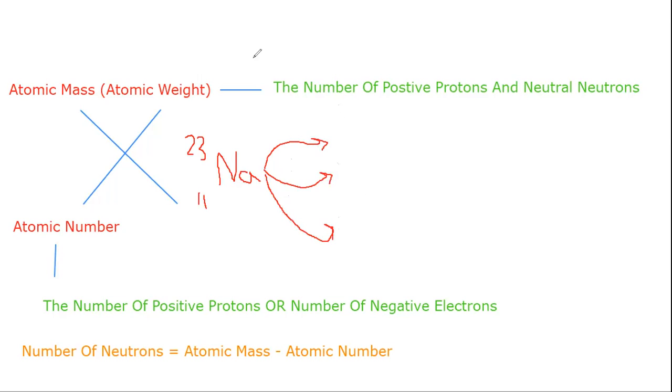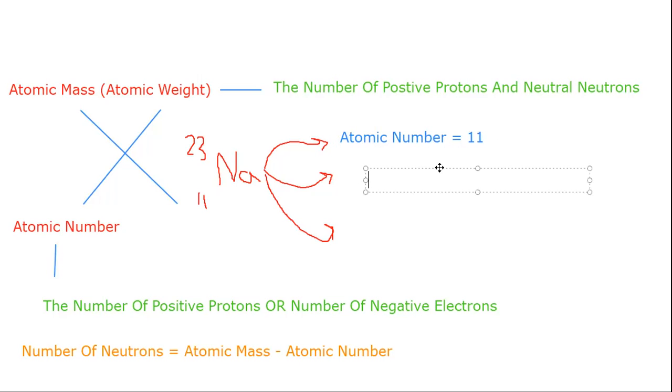So number one, atomic number equals what? 11. Excellent. Atomic number equals 11.